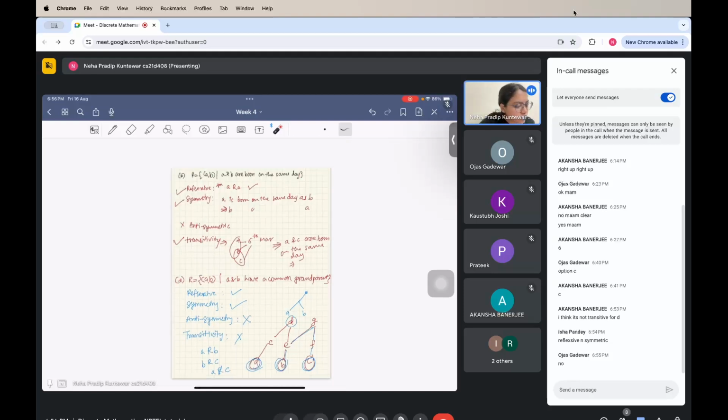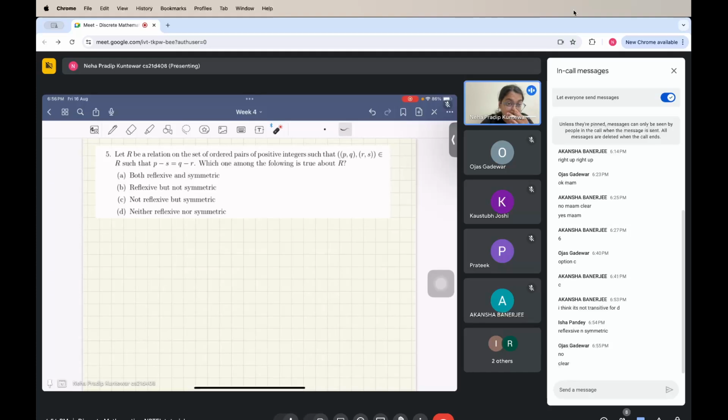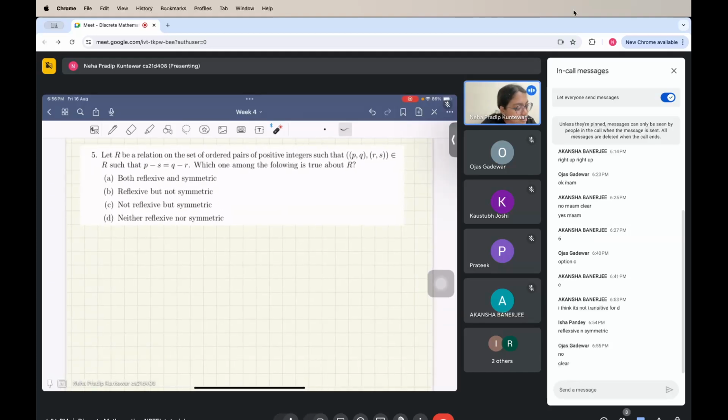Okay, so I'll move on to the next question. You're given a relation which is defined like this. You say that (p, q) is related to (r, s) if p minus s is equal to q minus r. So p, q, r, s are in the set of integers, and this is the relation that is defined.